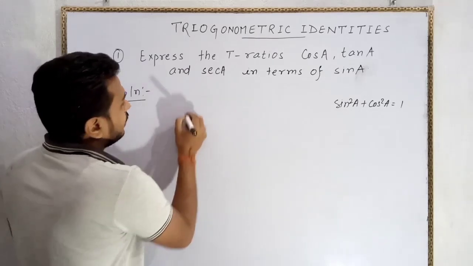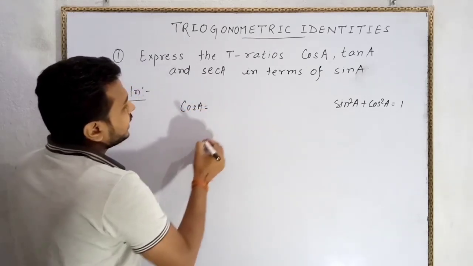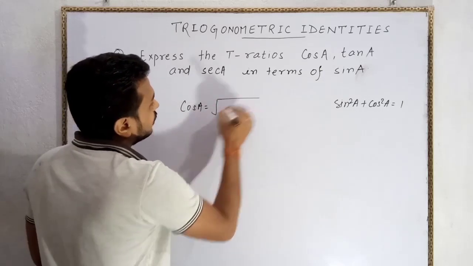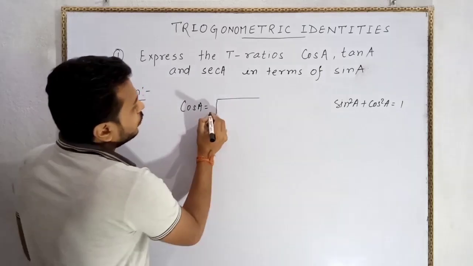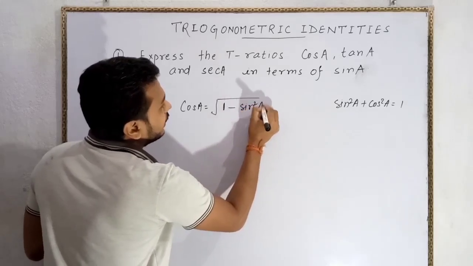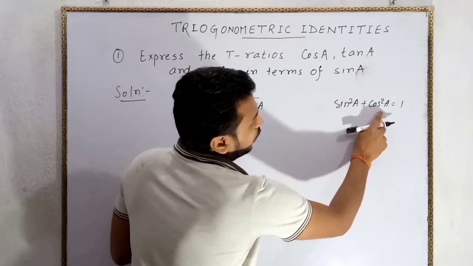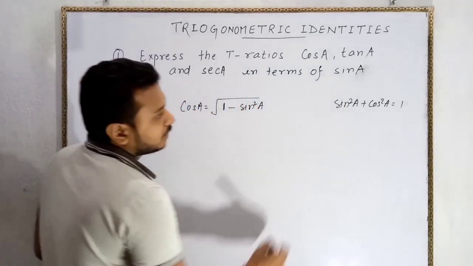We can write cos A in terms of sin A as cos A is equal to root under 1 minus sin square A, because sin square A plus cos square A is equal to 1.